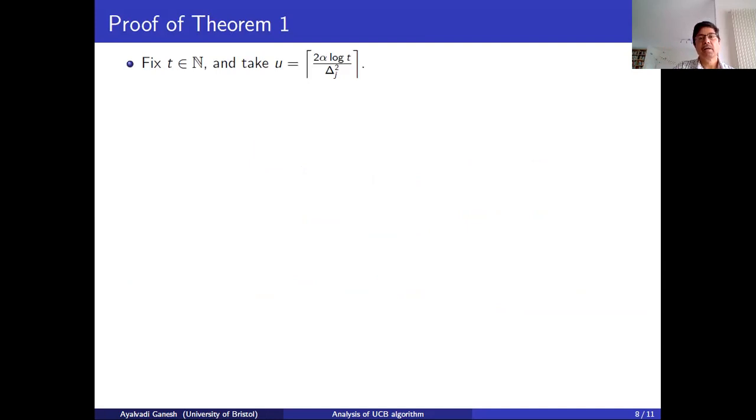Now u depends on t and on j. I should really write u of t, j here, but I don't want to make the notation heavy, so I haven't made the dependence explicit, but I'll remind you of it wherever we need it. It's not just a constant, it's something that depends on t and j.